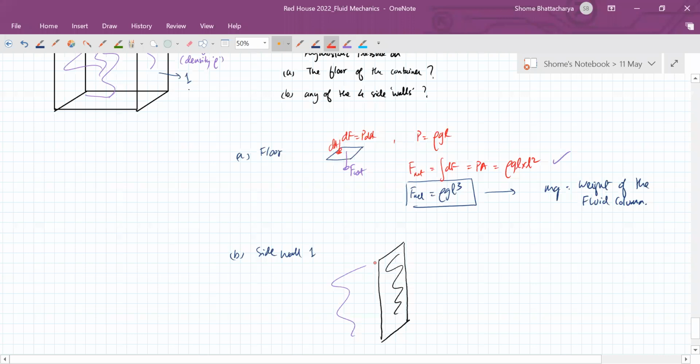So at a depth of y, if I take a thin strip of thickness dy, then the force acting on that thin strip will become rho gy into L dy.